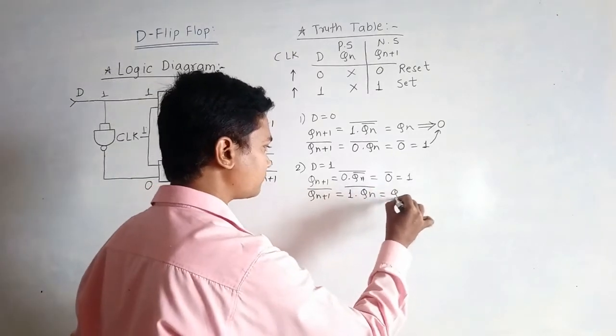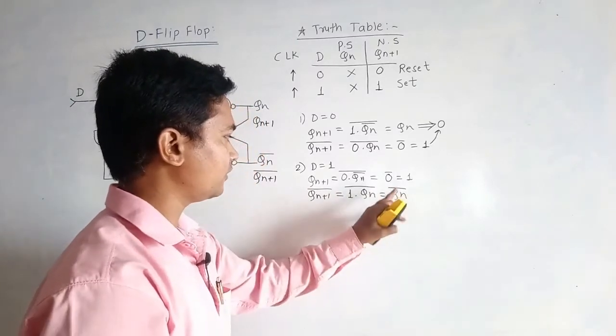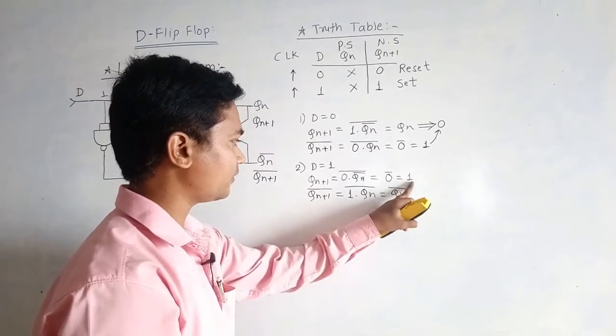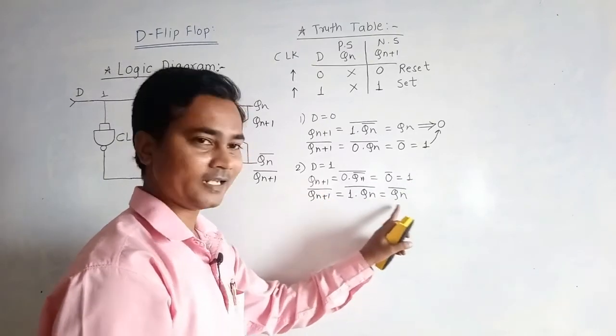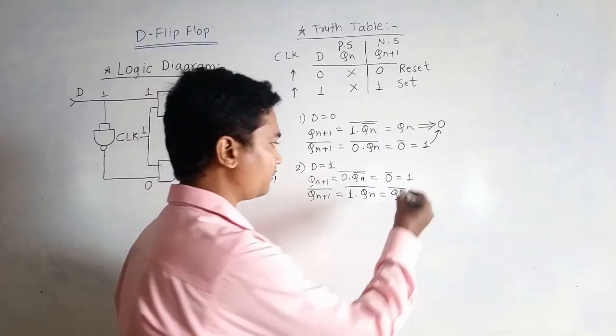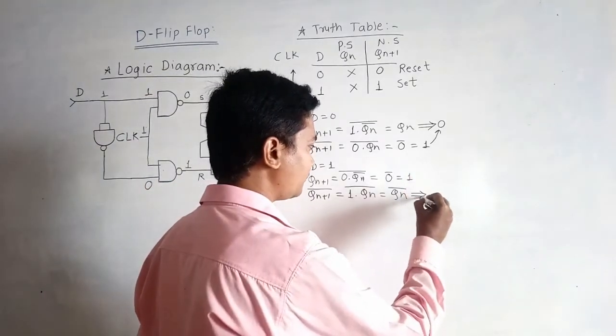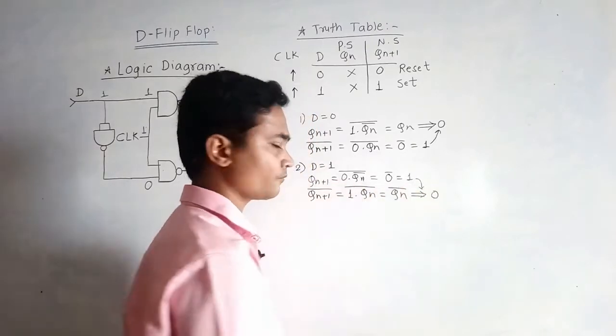Qn bar. So as we know, if this is 1, then here the Qn plus 1 bar is not actually a fixed value. So here I can say if this is 1, then this should be 0, because it is the complemented version of Qn.